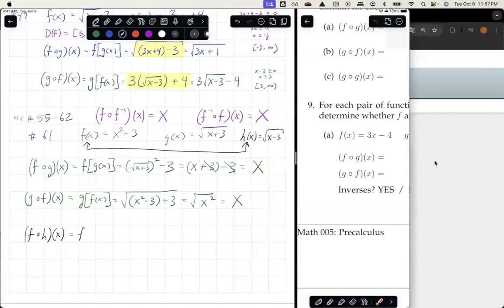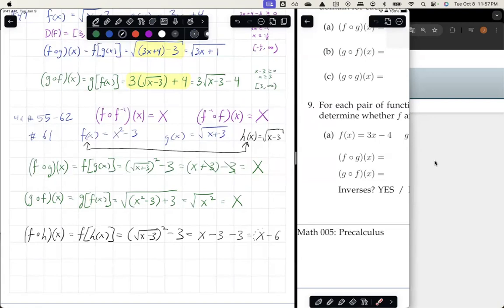That's going to be my function f with h of x plugged into it. My function f is the squaring function minus 3. And I'm going to plug in h, that's the square root of x minus 3. The square root and the square will cancel again, and we get x minus 3 minus 3, which gives me x minus 6.